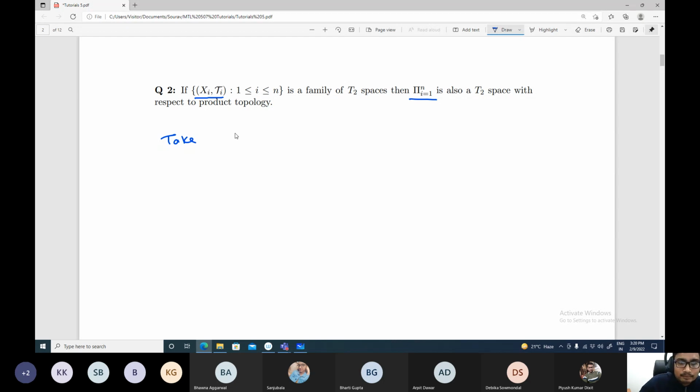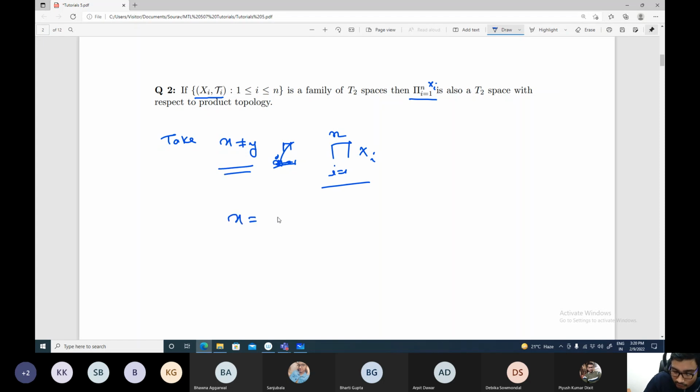Take x not equal to y from the product of Xi, for i equal to 1 to n. Then what can you say from here?